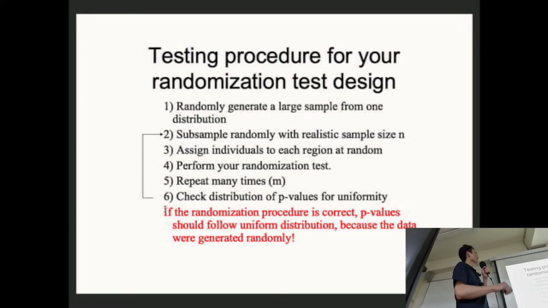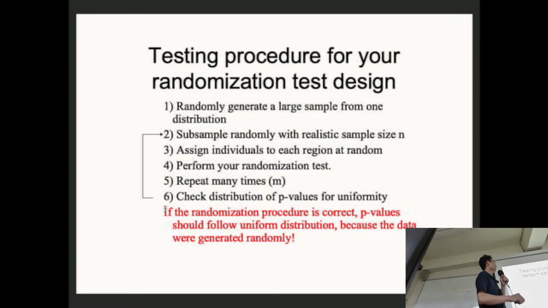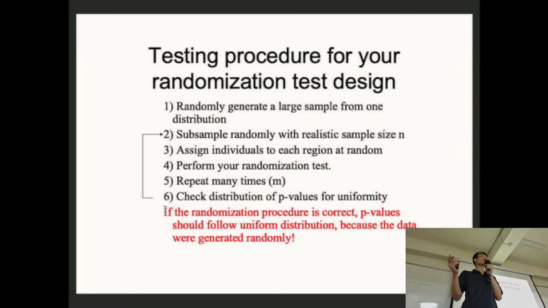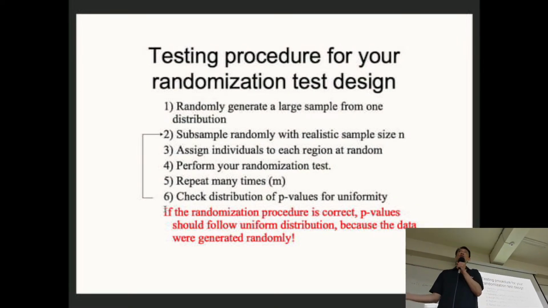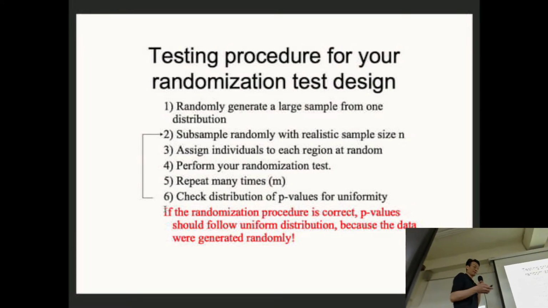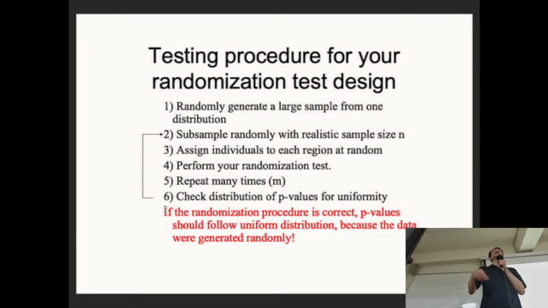And then you repeat it many times. By chance, p-value is smaller than 0.05. By chance, p-value is 0.1. By chance, p-value is 0.2. By chance, p-value is 0.3. Because everything is by chance. So p-value can be anywhere between 0 and 1. And if you generate 10,000 p-values, all these 10,000 generated p-values following the procedure should follow a uniform distribution. Okay, so that's the procedure. Test your procedure.